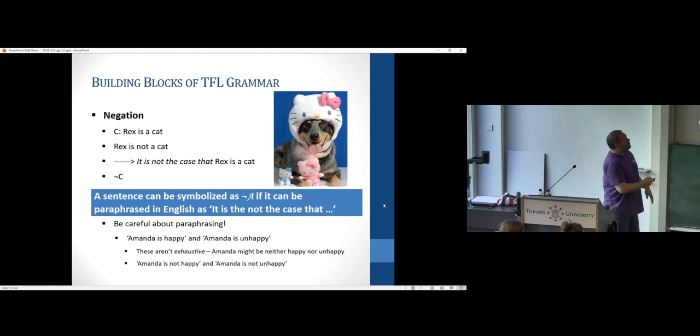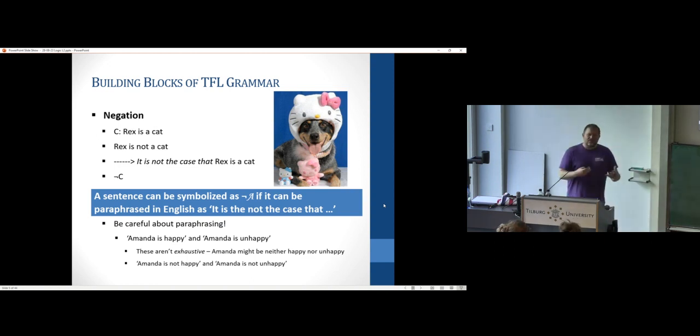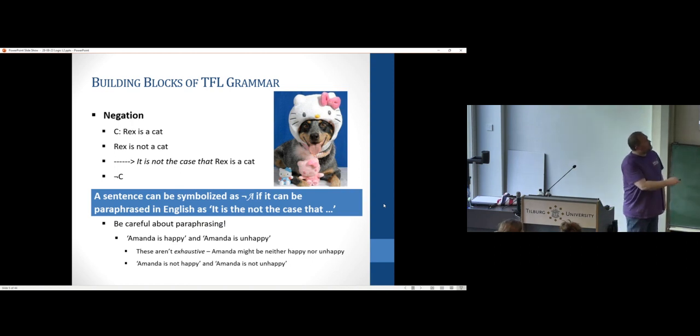Now, one thing to note about paraphrasing is we need to be very careful when we're doing it. To give you an example, because I think this is easier with examples, take "Amanda is happy" and "Amanda is unhappy." It's very natural to hear "Amanda is unhappy" as "it's not the case that Amanda's happy." But that's strictly speaking incorrect.